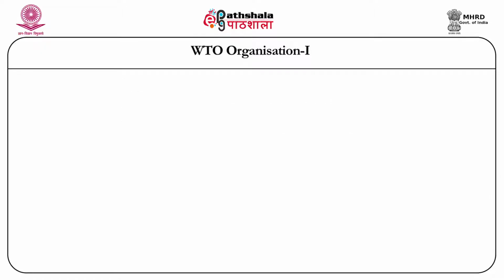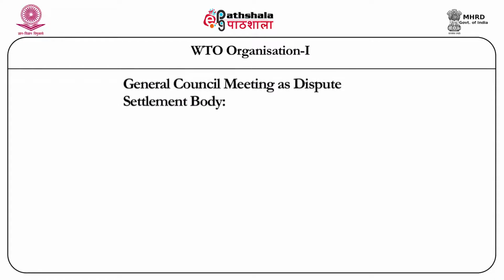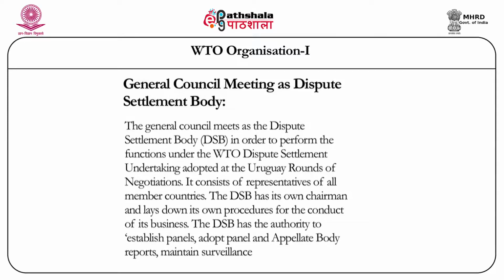We would understand the meeting of the General Council as the dispute settlement body. The General Council meets as a dispute settlement body in order to perform the functions under the WTO dispute settlement understanding adopted at the Uruguay Round of negotiations. It consists of representatives of all member states.